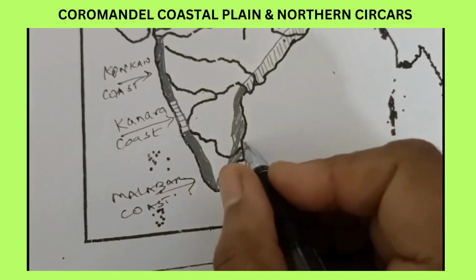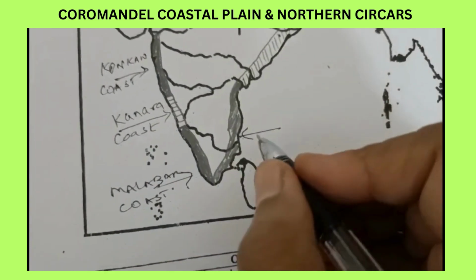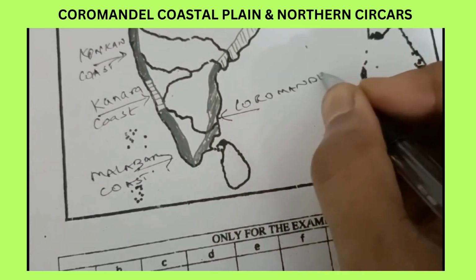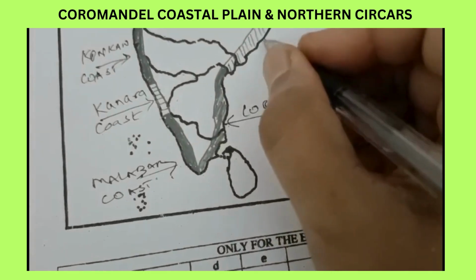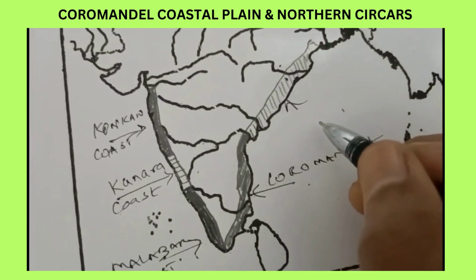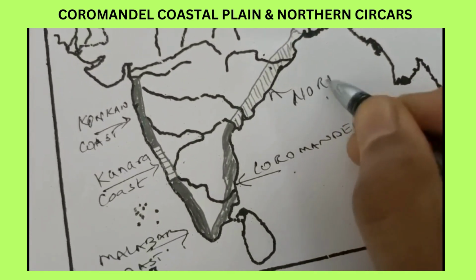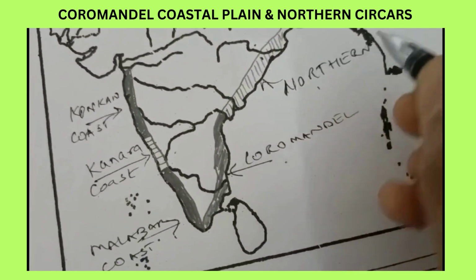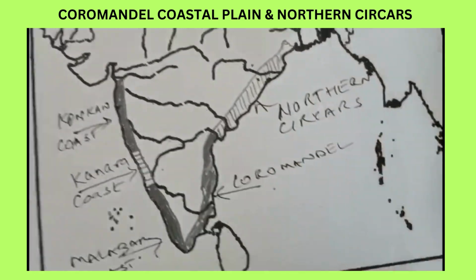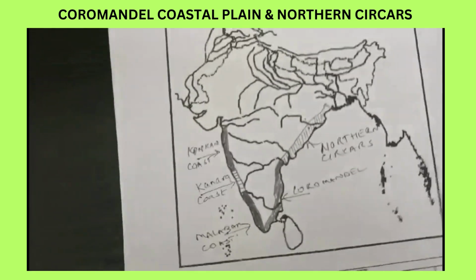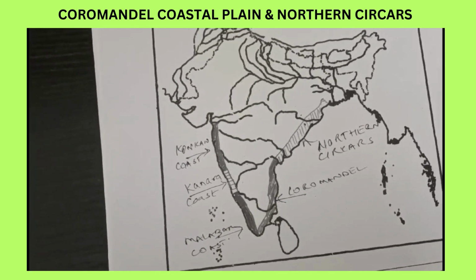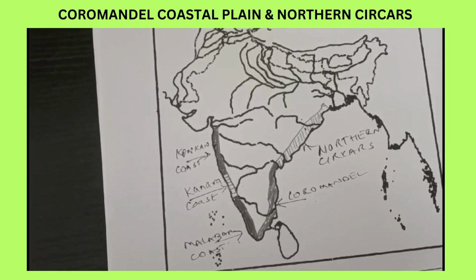Now the plain here, this one is the Coromandal coastal plain, and the second one on top is the Northern Circars. So these are your 5 plains that you need to learn. There's the Indo Gangetic Plains also, which I'll be telling you in a while.